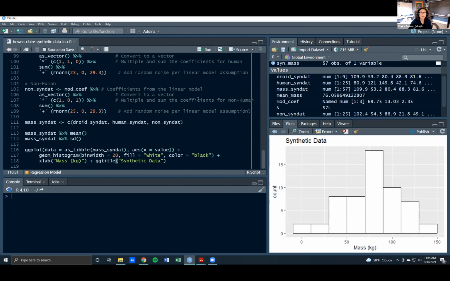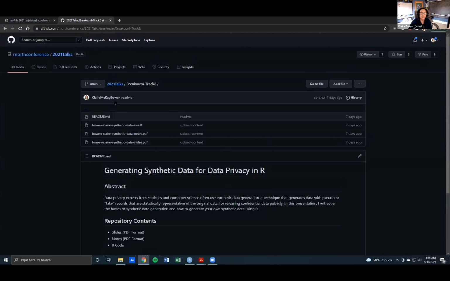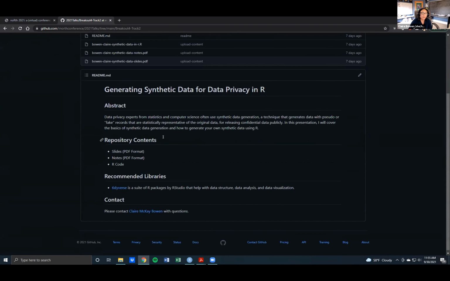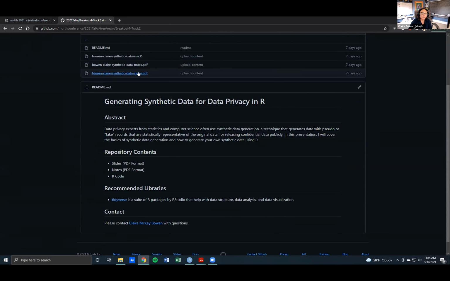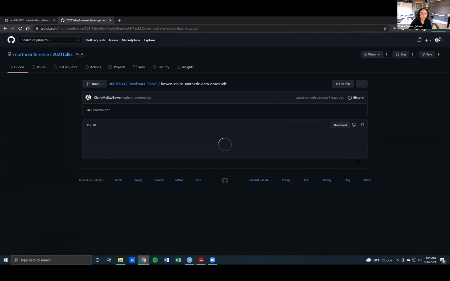All right, a quick shout out. This is, again, the 2021 talks. And so people think, okay, I really want the R code. You can get the R code under my breakout, I think, breakout 4 track 2. I also have notes here. I wrote them all out.